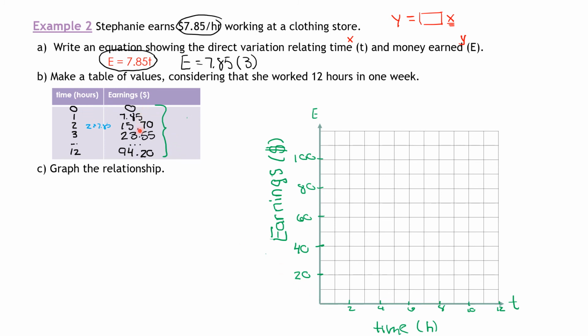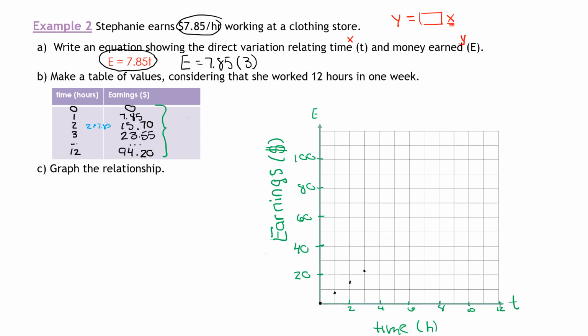I'm going to be guessing because I chose a scale counting by tens. So I'm going to have to guess where all these points go, like $23.55. Where's that? That's maybe $23, maybe there, right? It's not going to be good, but I know it should be linear. So I'm just going to approximate where to put my points on the grid, but they should end up in a roughly linear pattern.